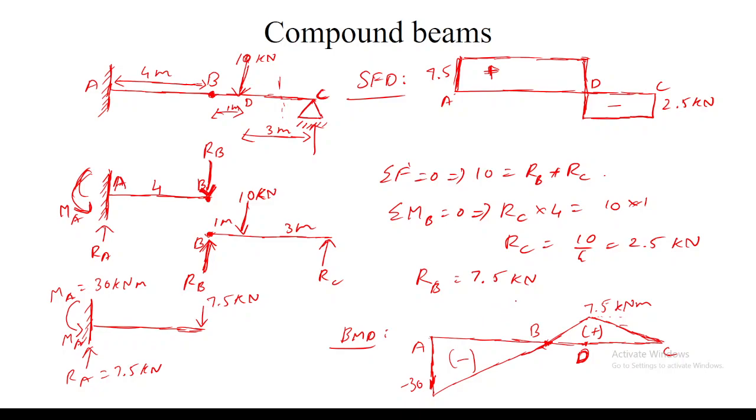So here we can say B is the point of contraflexion. So up to this it is clear, right? I am going to stop the shear force diagram and bending moment diagram topic with this problem.